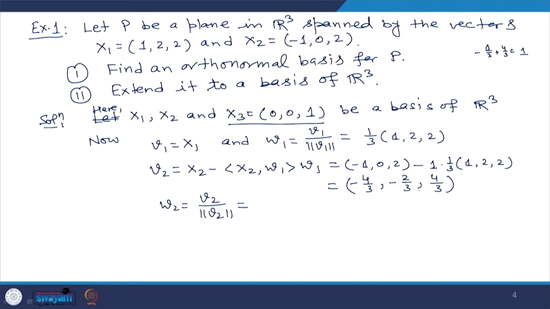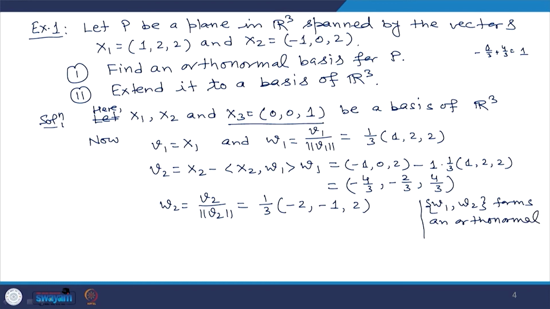So, it will become 1 by 3 times minus 2 divided by 2, that is minus 2, minus 1 and 2. So, this is your W1, W2, and now W1 and W2 form an orthonormal basis of P.